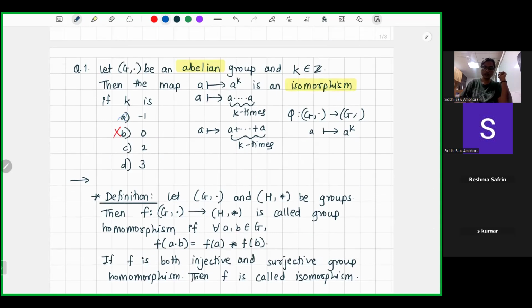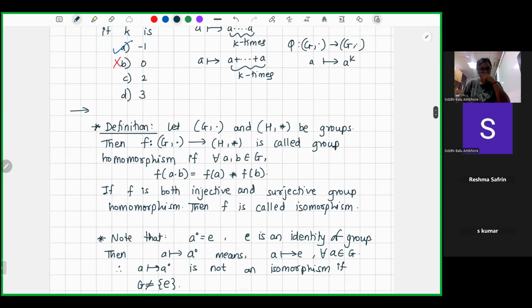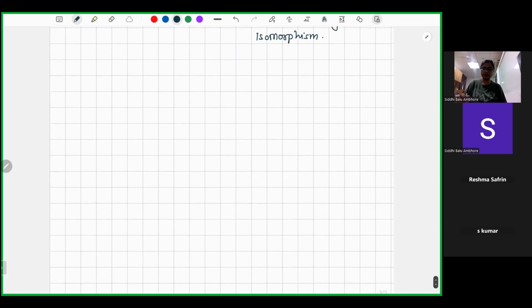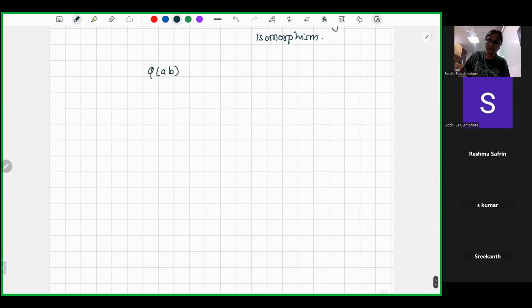So this one is true: a going to a inverse. Can this be true? If a going to a square, can that give me a group isomorphism? Homomorphism is fine in this case because G is abelian. If phi is from a going to a power k, then phi of ab will be ab power k.